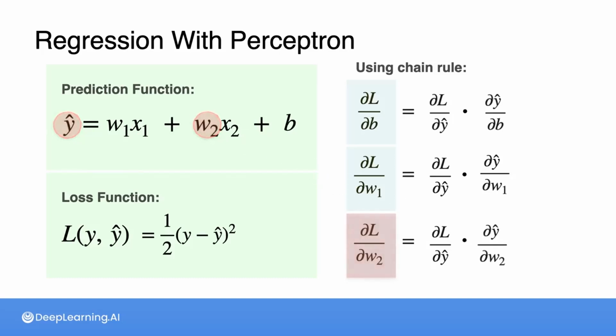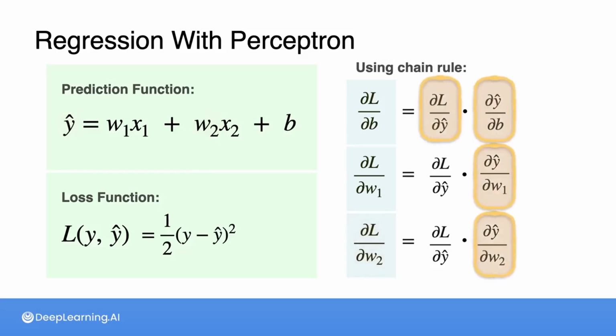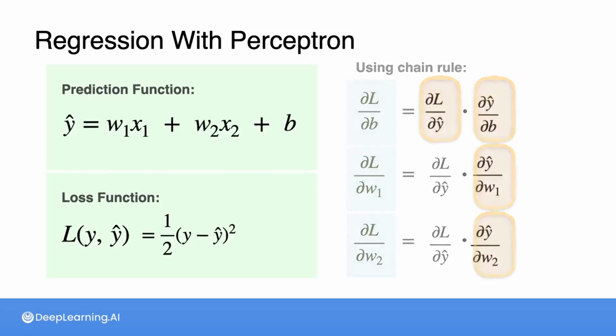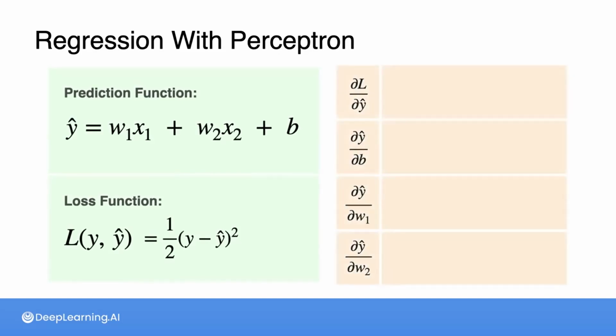So now we know what we have to do, and all we have to do is calculate these four derivatives, because notice that ∂L over ∂ŷ repeats 3 times. So we need to calculate that one, and then the 3 partial derivatives of ŷ with respect to W1, W2, and B. And these are much easier than actually plugging in the whole thing. So it's kind of like breaking the problem into easier subproblems. So let's calculate each one of these separately.